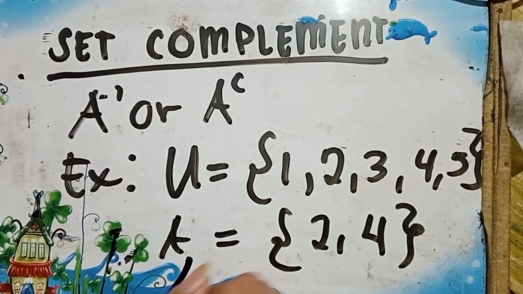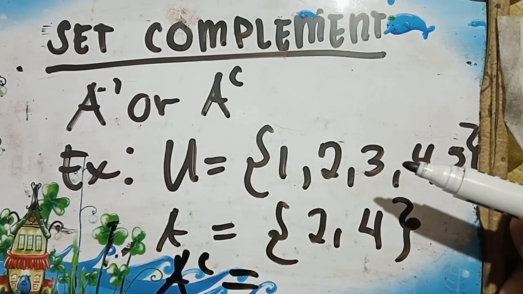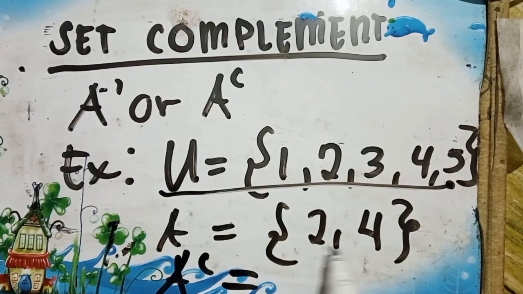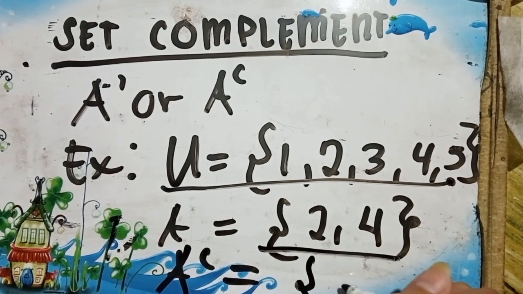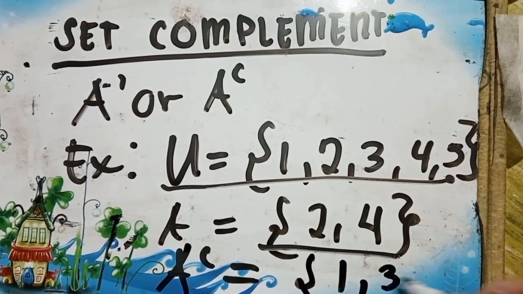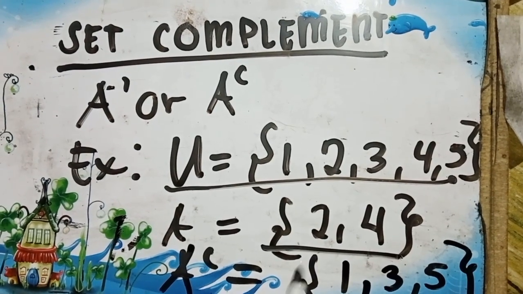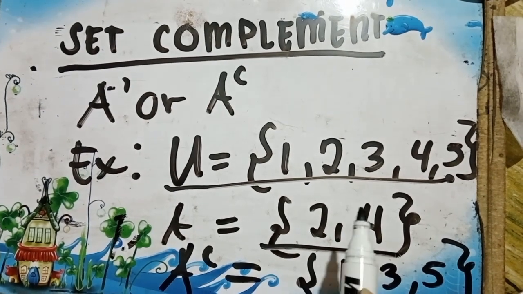What is our A complement? What numbers are in our universal set that are not in A? Our A complement is 1, 3, and 5. Think of it as everything outside A but still within the universal set.